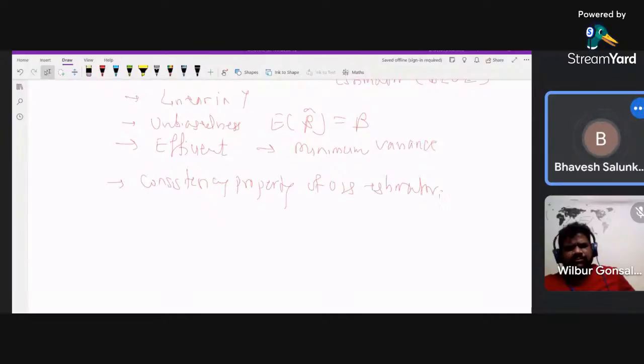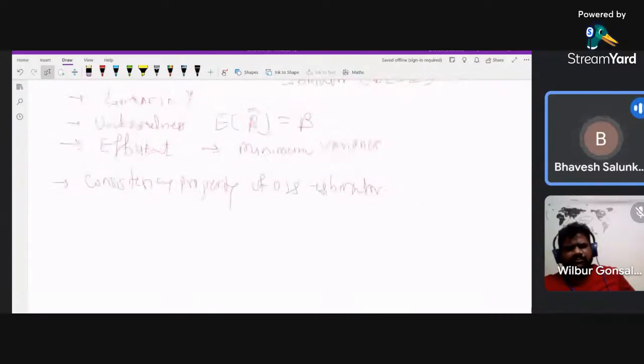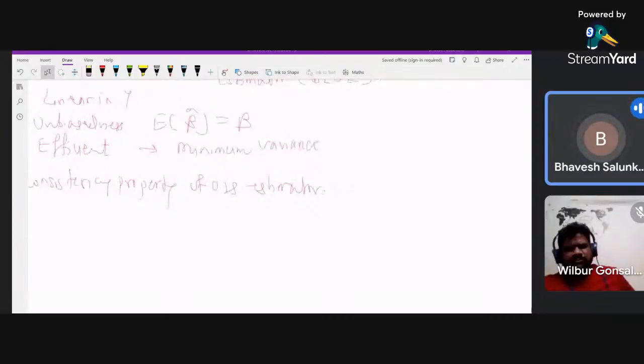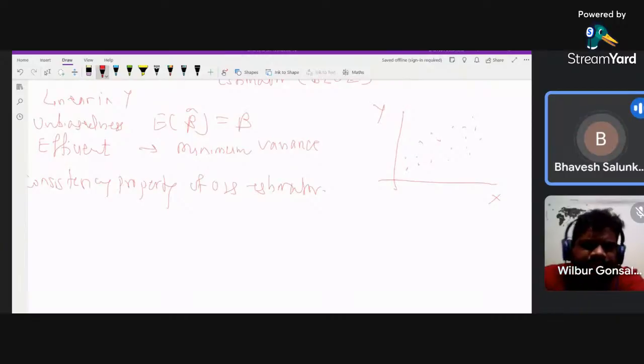Just a brief demonstration for 1 or 2 minutes. How do we get alpha hat and beta hat? This is X, this is Y, this is your sample. Since there is a positive relationship between X and Y, it is actually trending up. So this scatter is going up with X. You fit this line.